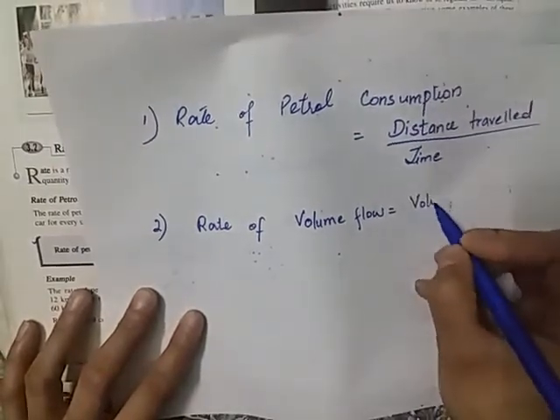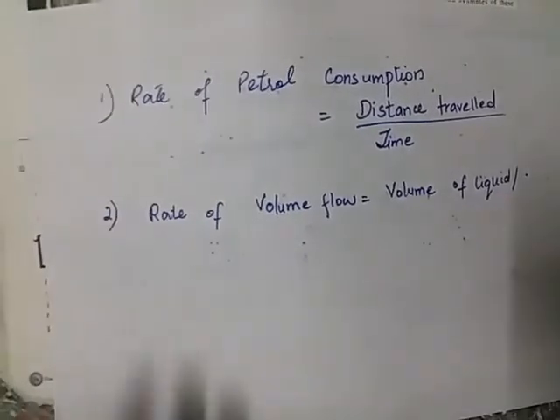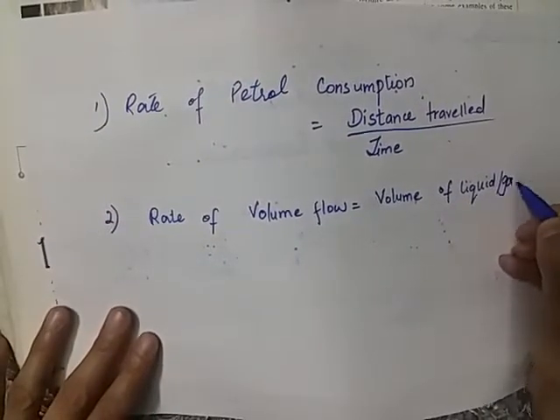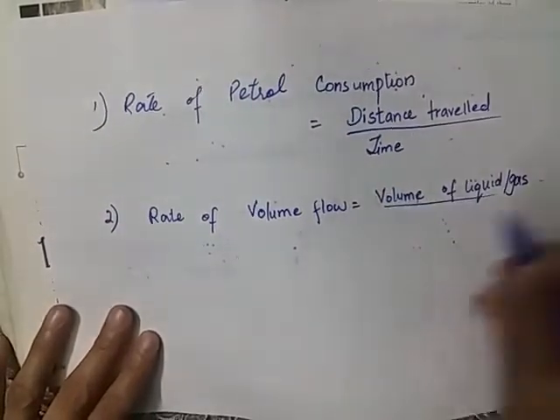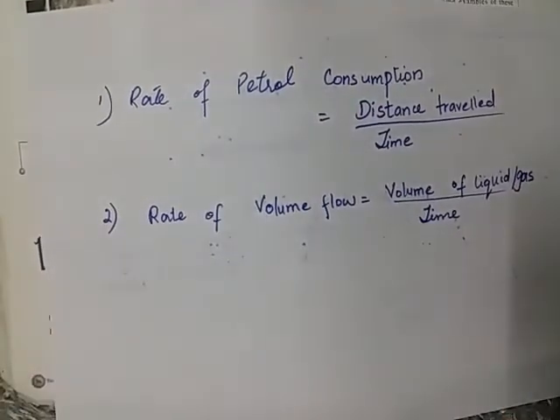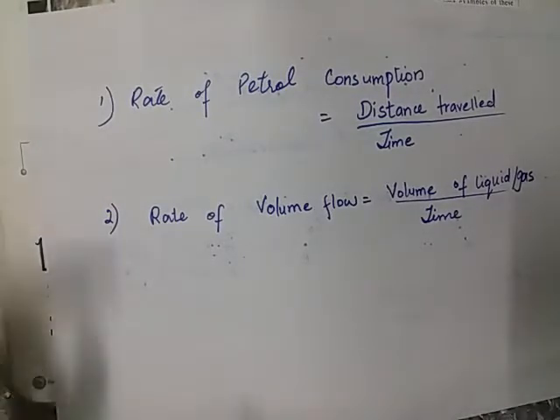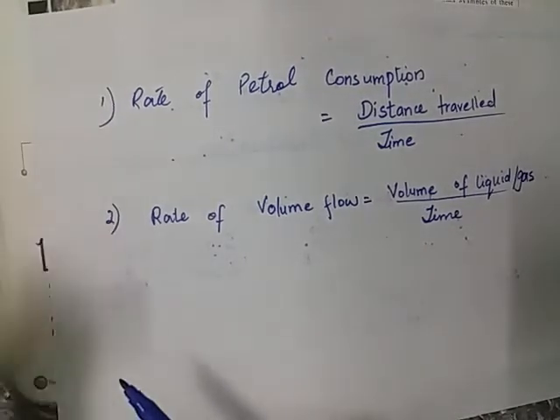So we will write over here volume of liquid or gas divided by time taken to flow from point A to point B. So your classwork is to write both these formulas and learn them.